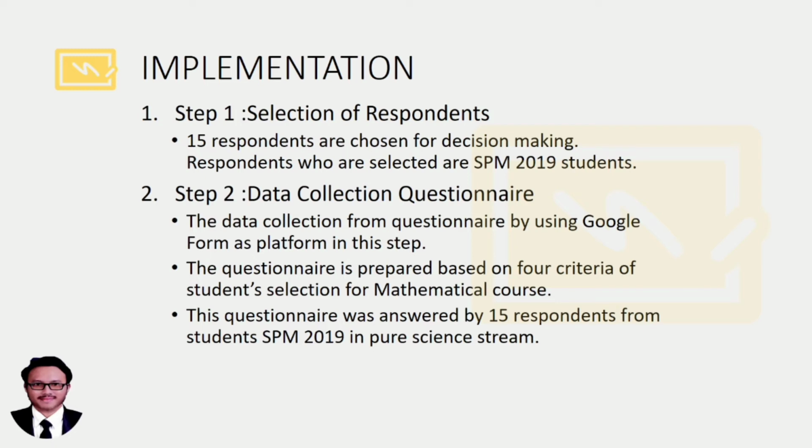The data is collected using Google Form as the platform. In this step, the questionnaire is prepared based on 4 criteria of student selection for the mathematics course. This questionnaire was answered by 15 respondents from SPM 2019 students in the pure science stream.